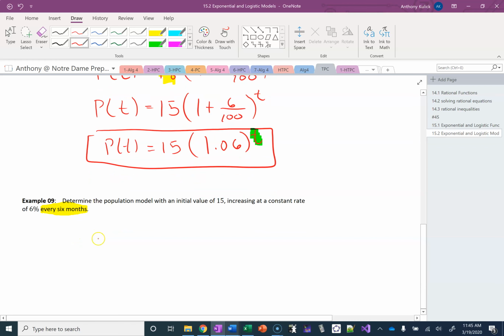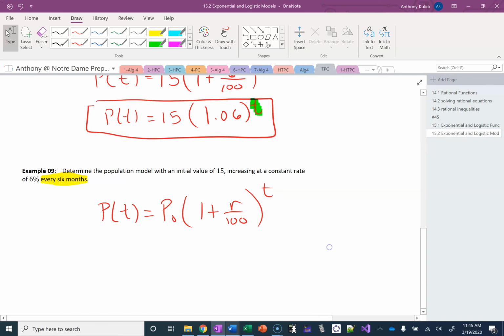So again, we'll be using the same population model. And just like before, the initial value is still 15. The rate is still 6%. But now we have to think about t.